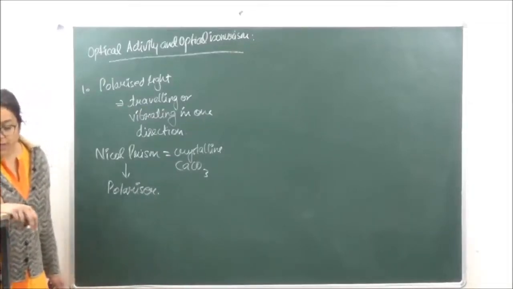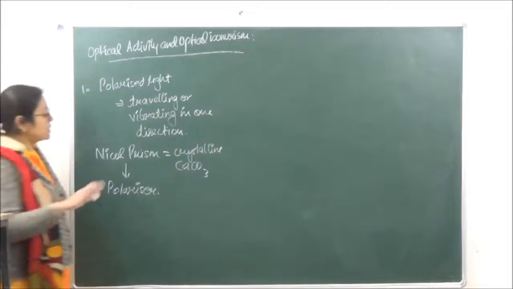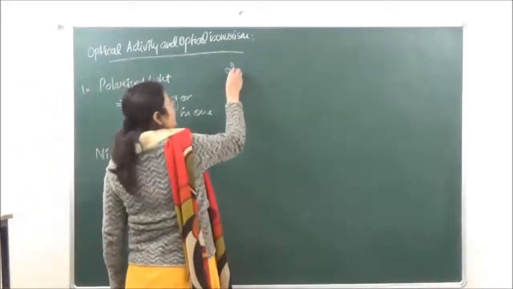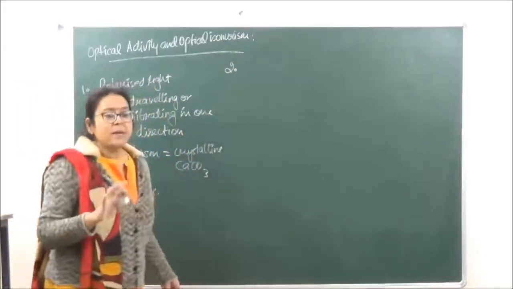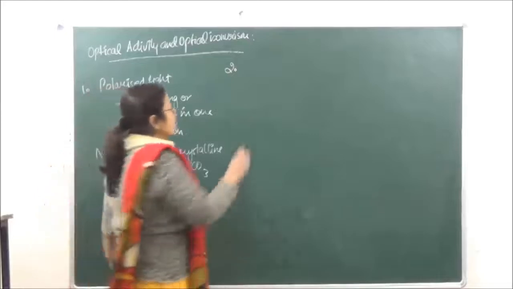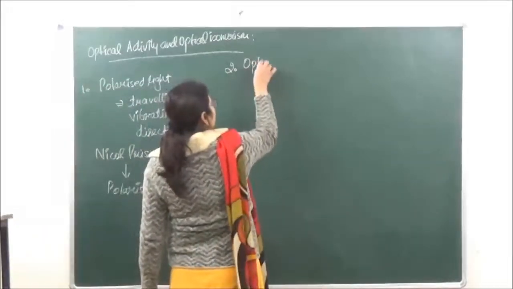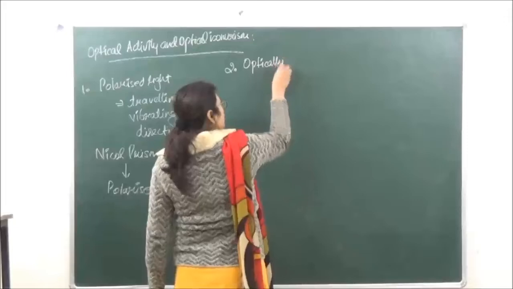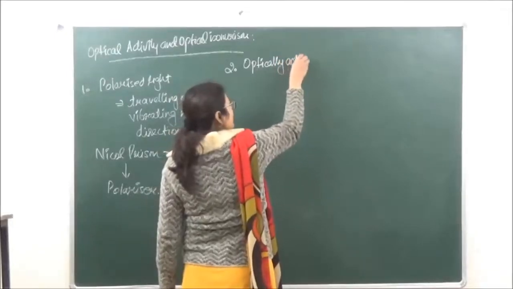Now over here, there are certain substances which have the tendency to rotate the plane of polarized light. These substances are said to be optically active substances.